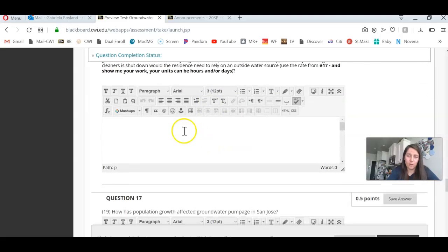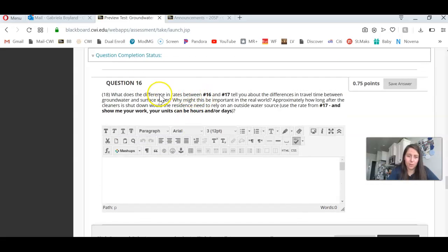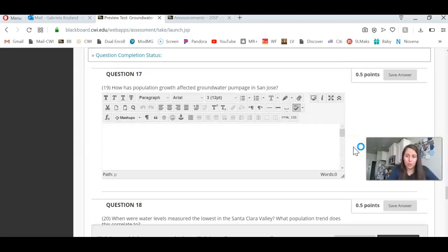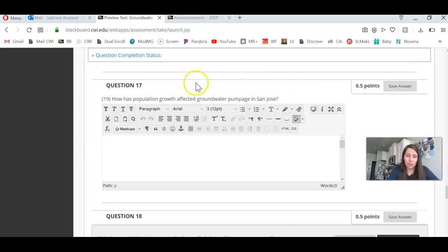So here you give me a short answer, an explanation of what happens between the rate of surface water to groundwater flow, as well as some sort of mathematical operation to give me the length of time that it takes for the residents to be using another source of water.